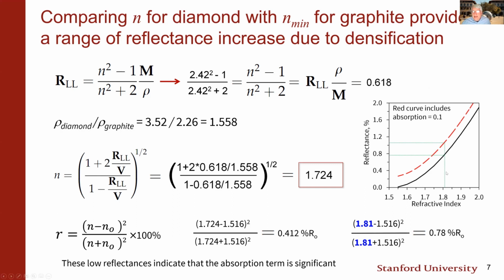So we can see now, if you just take the carbon density term, you get this curve here, and that's really much lower than you would expect. So here now, if you add in an absorption term of 0.1, you get something which is a lot more reasonable in terms of the kinds of reflectance that you see from kerogens in the relatively low immature, low and slightly mature range.